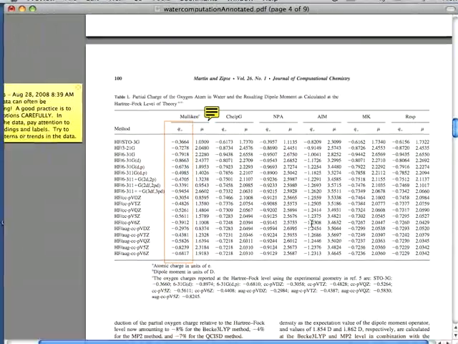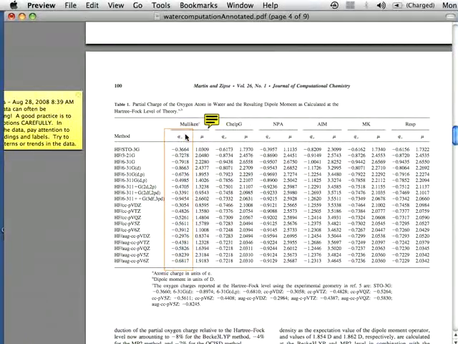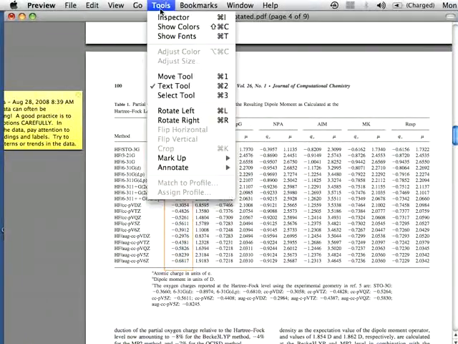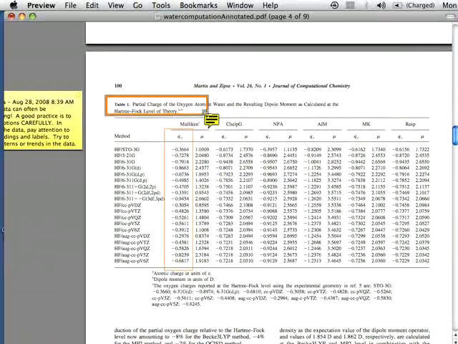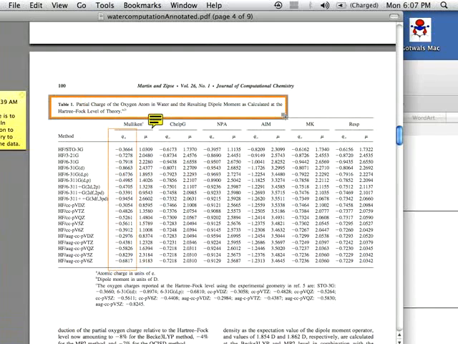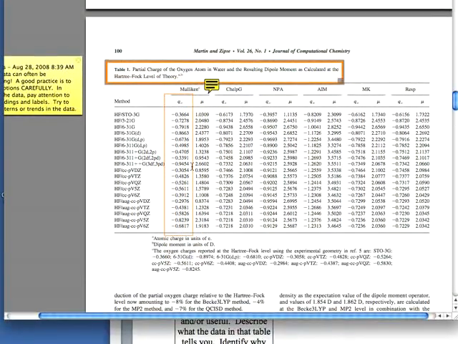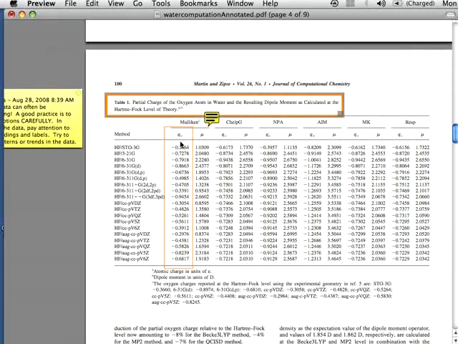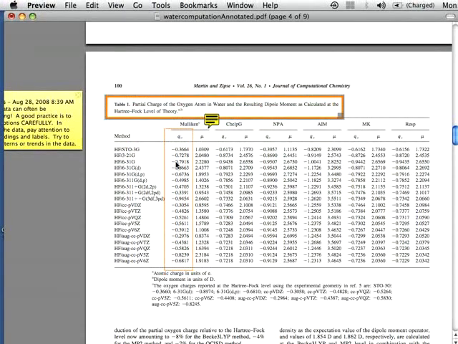Now, there's a lot of data in this particular table, and what I did is I highlighted here, and again, it's really important that you make sure that you read the caption so that you understand what they're talking about. If you read that, it says the partial charge on the oxygen atom in water. So knowing that minus 0.66 was the right answer, I'll do a quick look through this data.